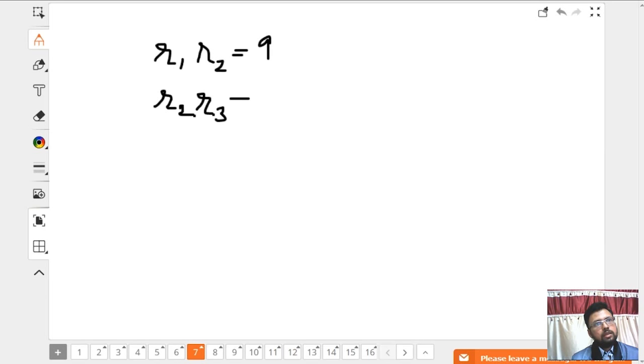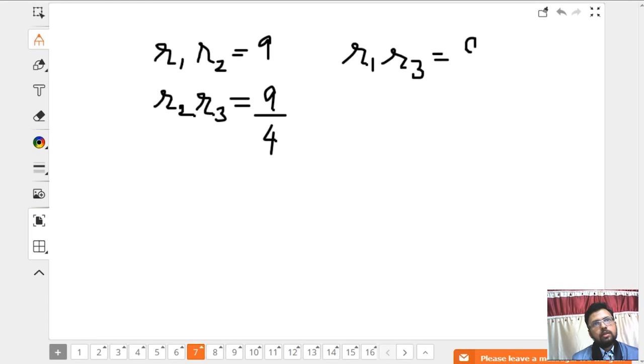And R1, R3 is equal to 9 by 2. Okay, where is the area? Okay, so you may ask, we are writing down R1, R2, R1, R3, R2, R3.